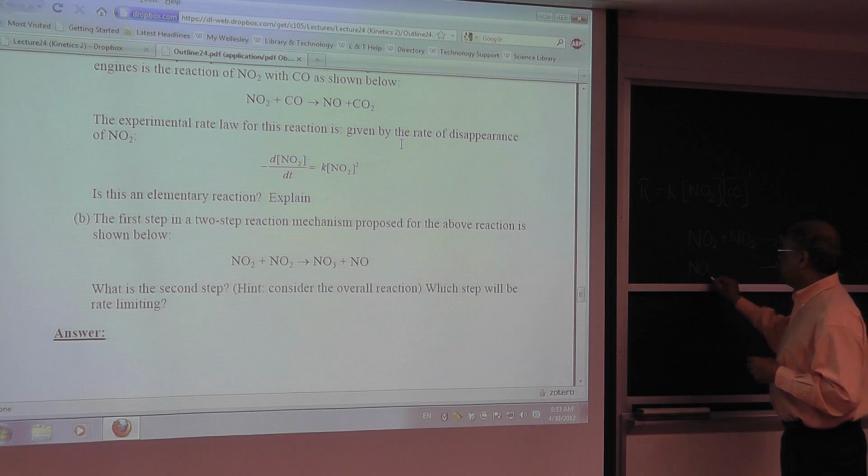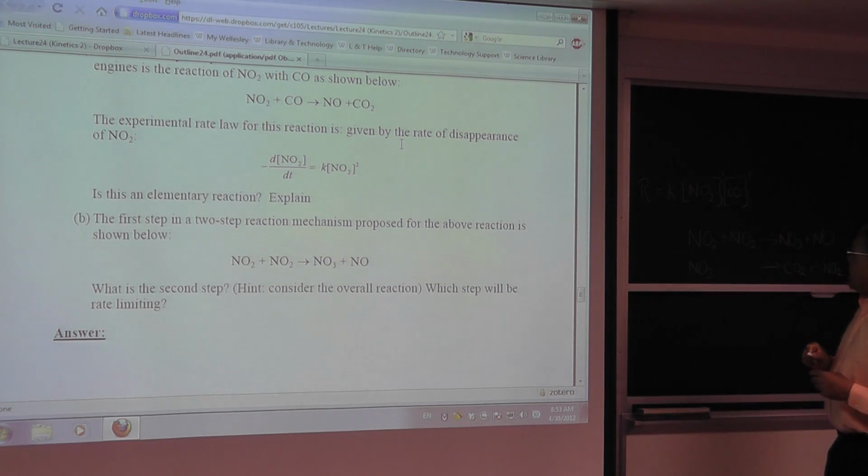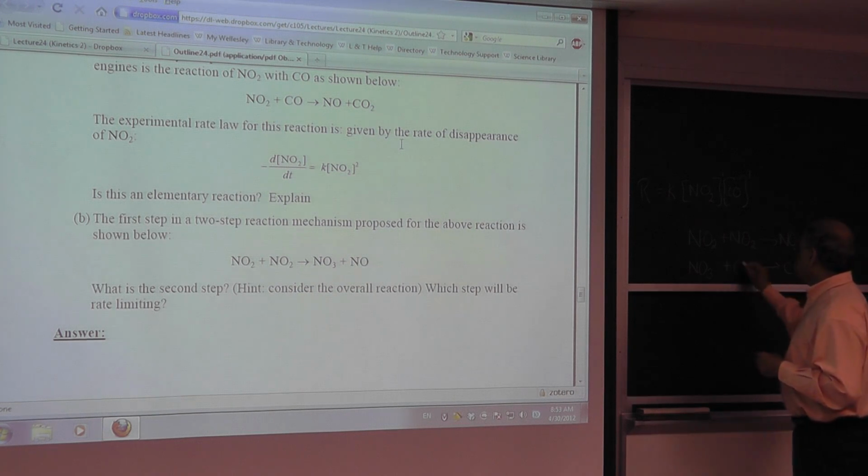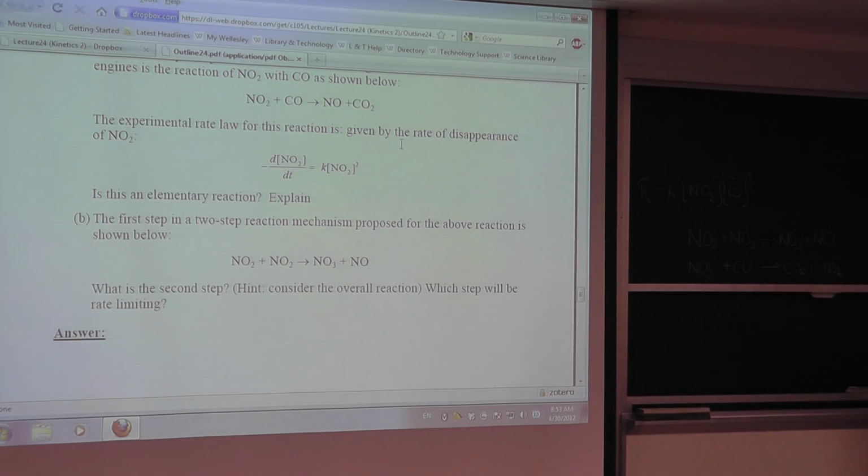It must be an intermediate, so it must be used up. And the only other molecule that's missing is CO. Questions?